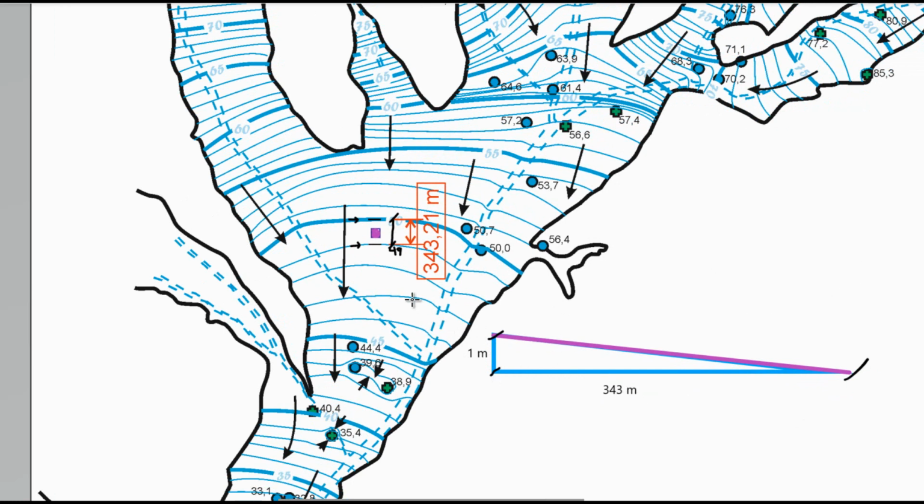Then, as we said in previous lessons, the hydraulic gradient is the difference between the groundwater elevations divided by the distance. The difference between the groundwater elevations is 50 minus 49, and the distance is 343 meters.